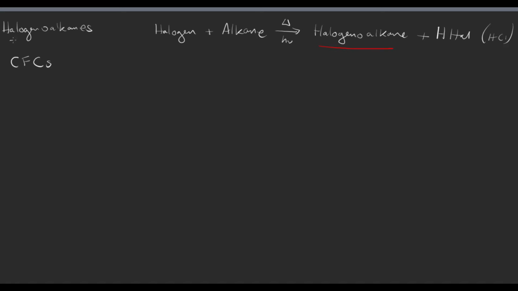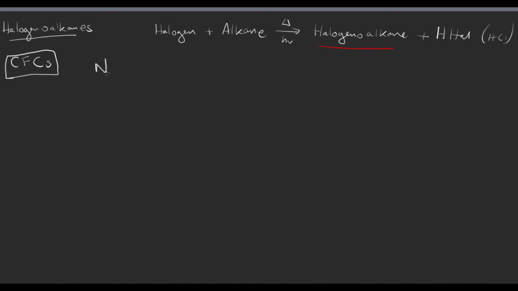But chlorofluorocarbons is one form of halogenoalkane. They've got chlorines and fluorines on them, but there are all sorts of other uses for these as well. And so we don't want to restrict ourselves just to the ones with the bad rap, as it were. So we're going to talk about the nucleophilic substitution reactions of halogenoalkanes with 3 different nucleophiles.